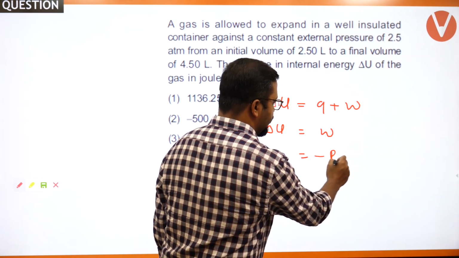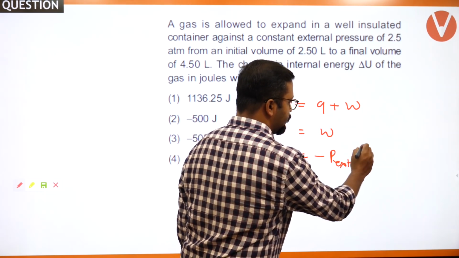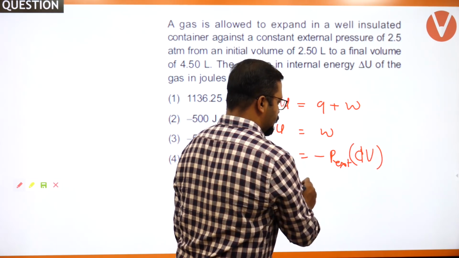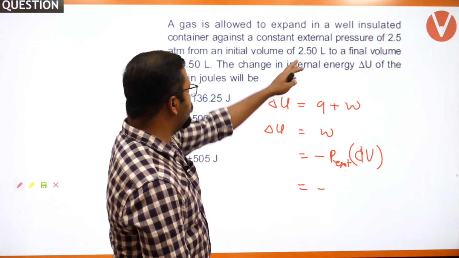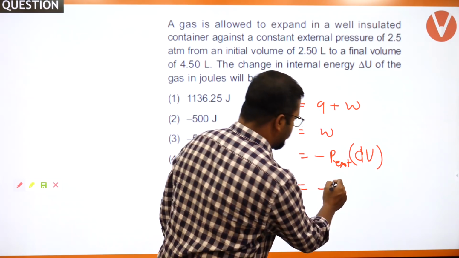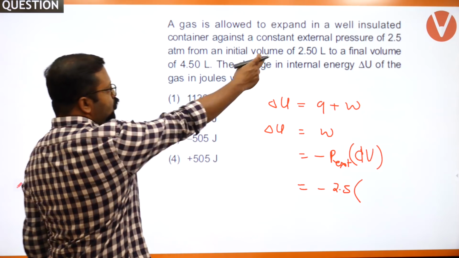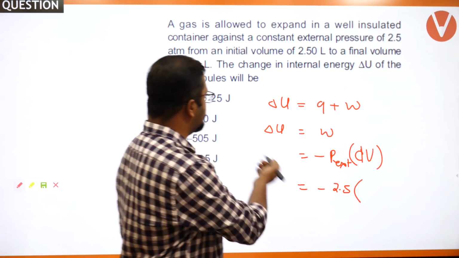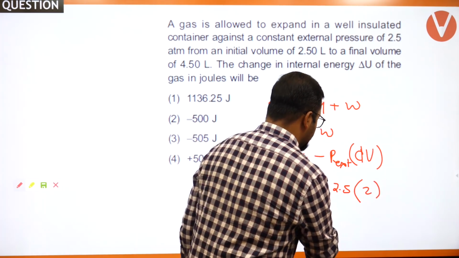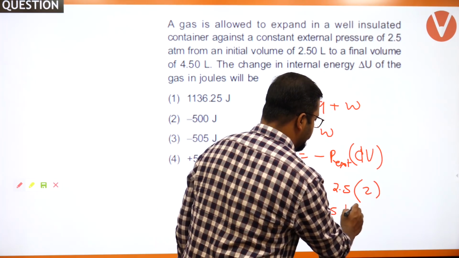W is minus P external dV. Minus P external value is 2.5. And it changes from 2.5 to 4.5, so this will be 2. That will be minus 5 liter atmosphere.